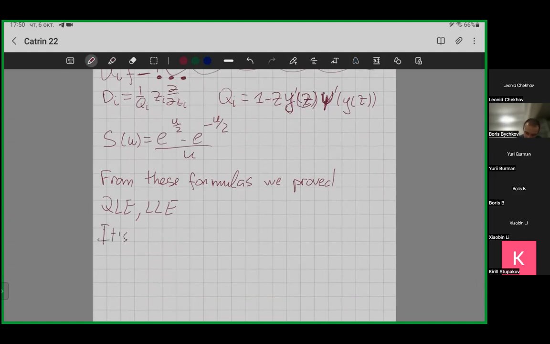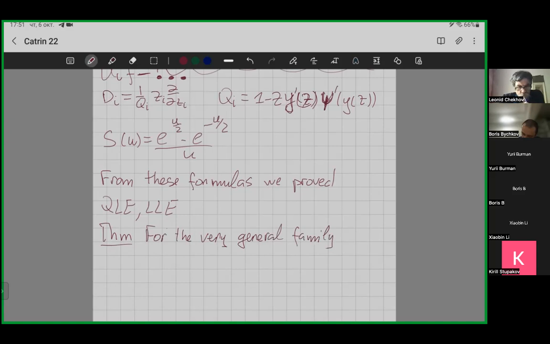and also it's possible to prove, so maybe, I don't know, a theorem, not in the very general family, but for the very general family of psi and y of z, we prove the projection property holds.